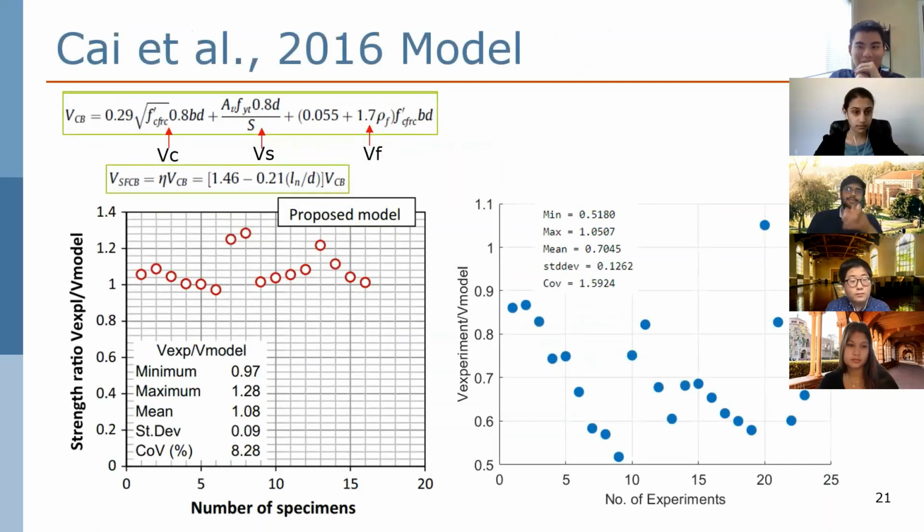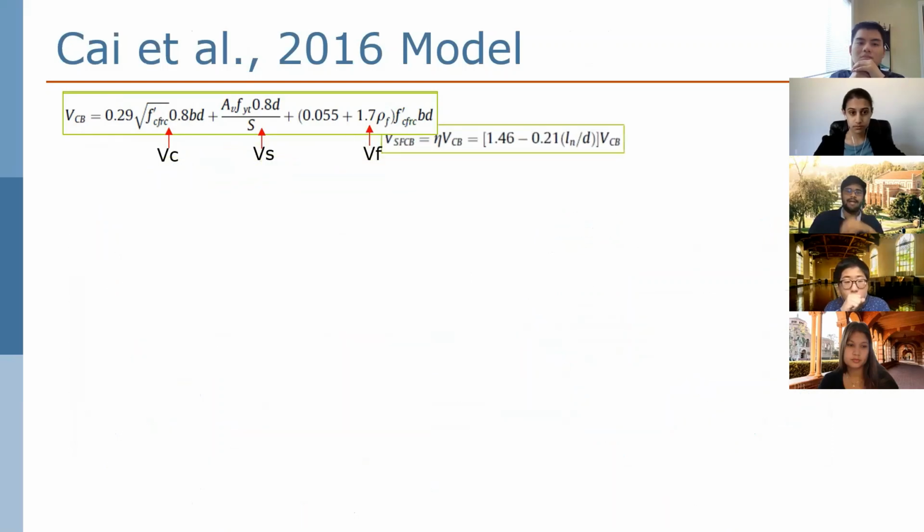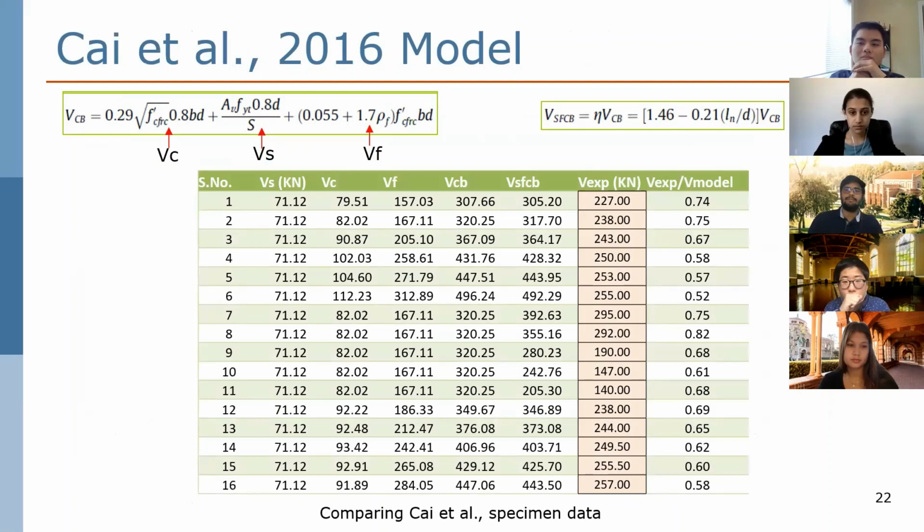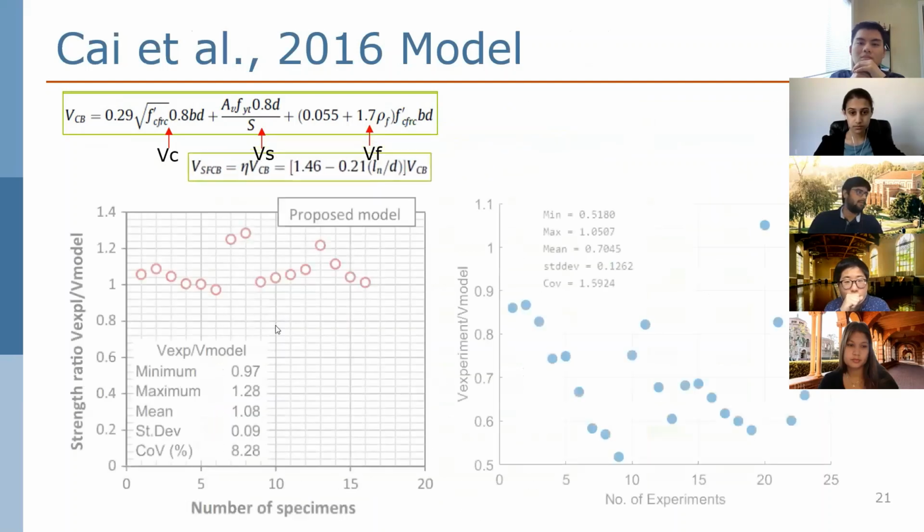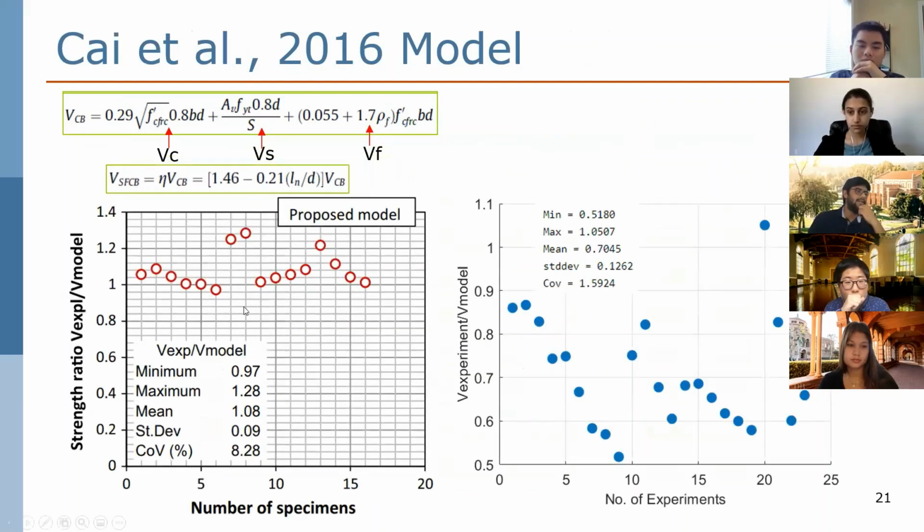Now, I went through the process of replicating these equations, but unfortunately for Kai's model, I wasn't able to do so, and I reached out to Professor Kai. As you can see, the covariance was 1.5 and the mean is kind of low, and this equation doesn't accurately predict what was happening in what exactly was written in the paper.